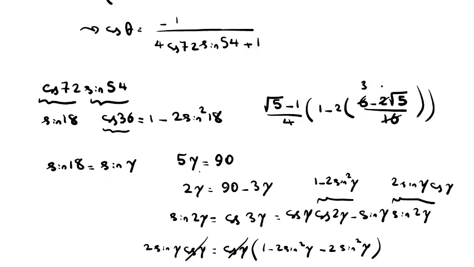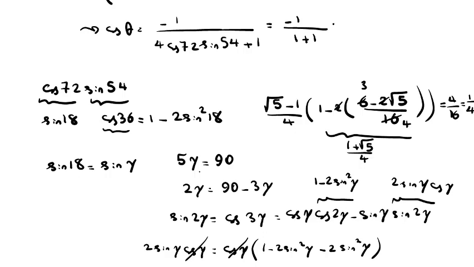It will be 4 minus 3, 1, plus root 5 over 4. So if you multiply them, it will be 5 minus 1, 4, 4 over 16, which equals 1 over 4. Now, here it will be negative 1. 4 times 1 over 4 is 1, plus 1, it will be 2, so negative 1 over 2.